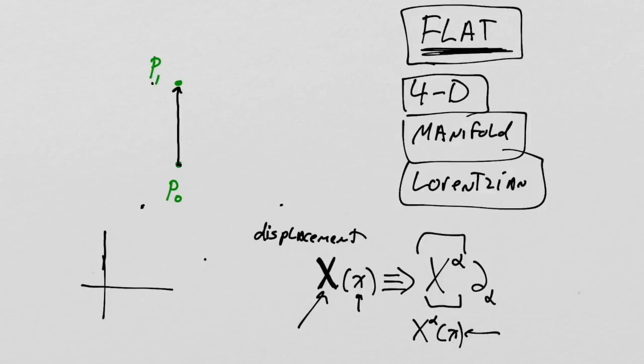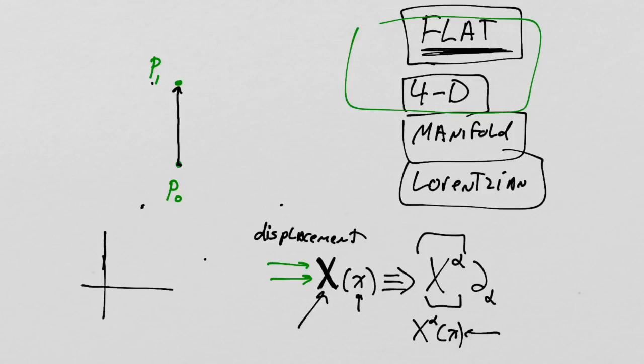Now, if the spacetime wasn't flat, you couldn't even hope to do this. This would be illogical. But because we have flat spacetime, we can equate the vector space with the actual underlying 4D manifold of spacetime itself. And so we can actually have vector fields that represent literal displacements.